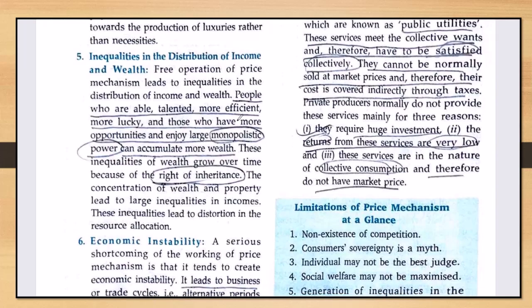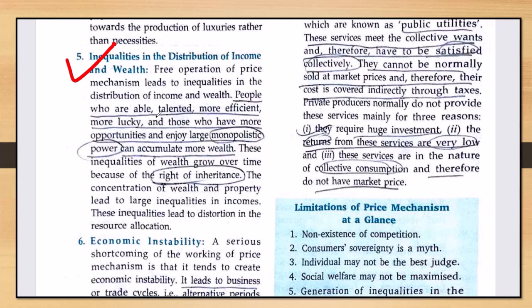Fifth is inequality in the distribution of income and wealth. This we have already seen, because of the excessive self interest, because of the huge competition in the capitalistic market. What happens? Income gets distributed unequally. That means some richer people, some highly skilled people, are paid very high, and the other people, the lower unskilled people, the lower wage earners, keep on getting lower incomes.